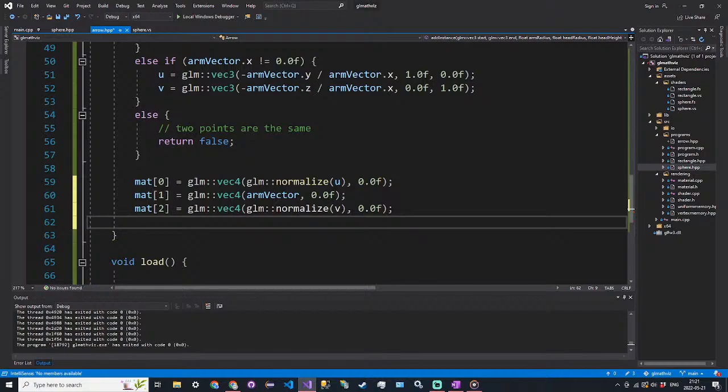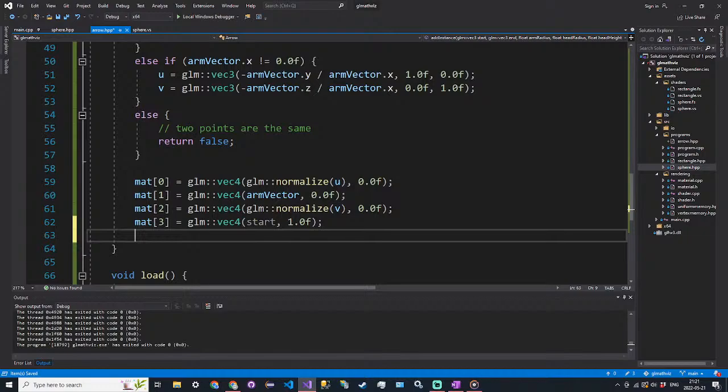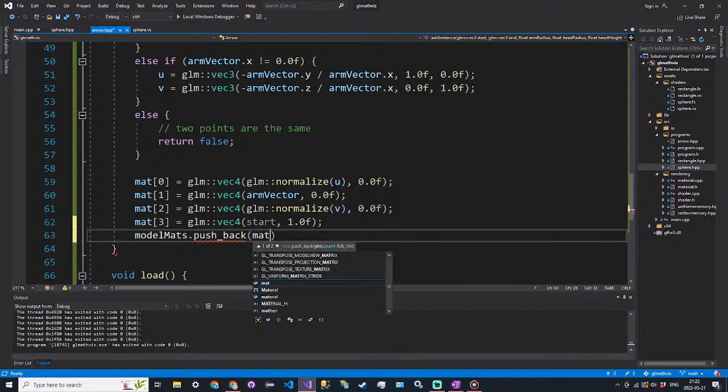And then the third column, mat at 3, is equal to GLM vec4, and once again, this is going to be the translation component, so it's just the start and 1.0. That last component has to be 1.0. And then we add our values. So model mats dot pushback the matrix.